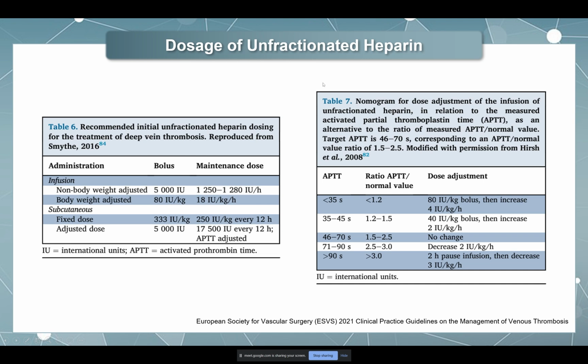For unfractionated heparin, we have to adjust the dose according to APTT. So this is the adjustment dose we can carry out. Don't be surprised, you can start subcutaneous infusion too. Don't think of subcutaneous warfarin, this is subcutaneous infusion. So this is the dosage for unfractionated heparin.